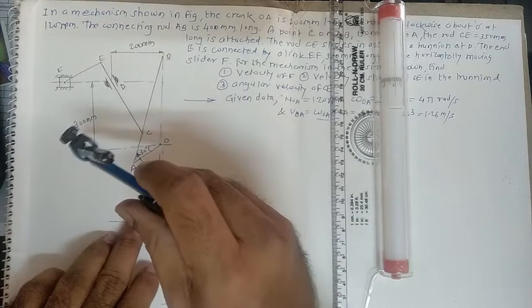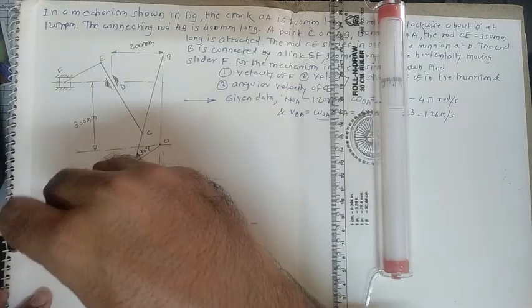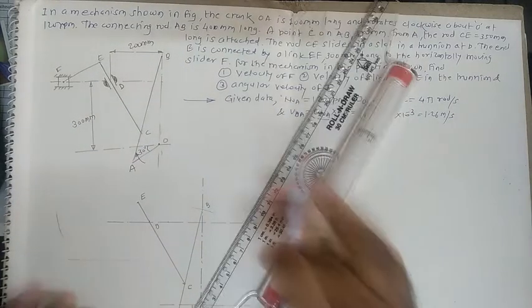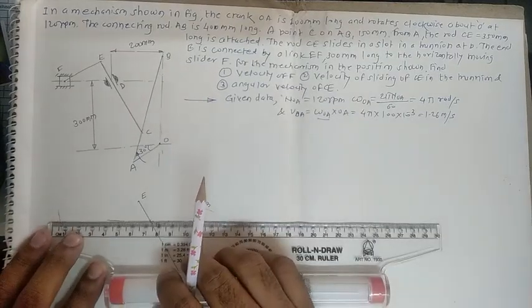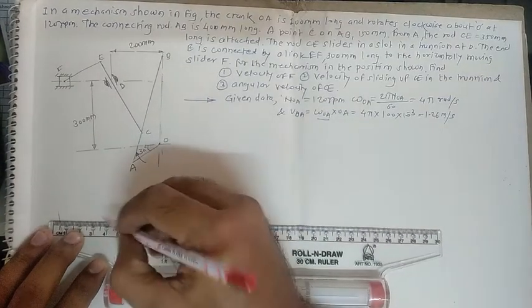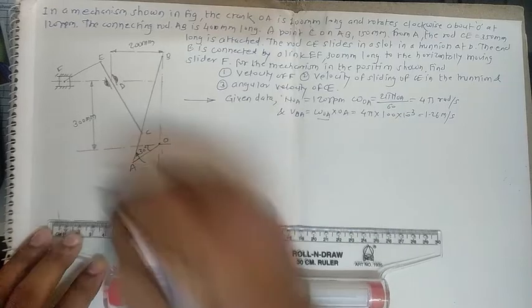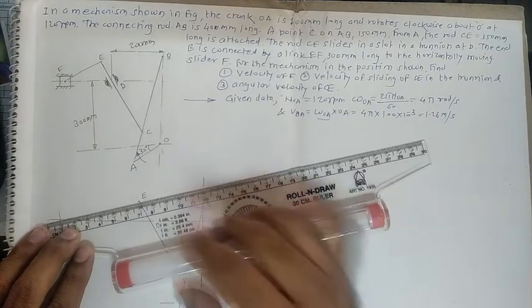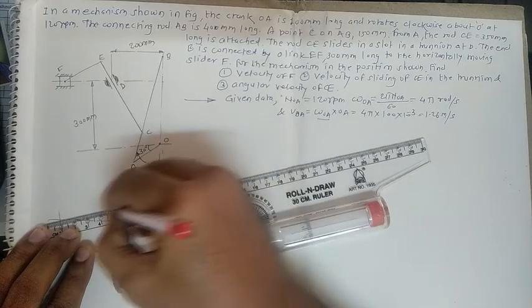So in this way, extend this line in this way, so that our space diagram will be completed.